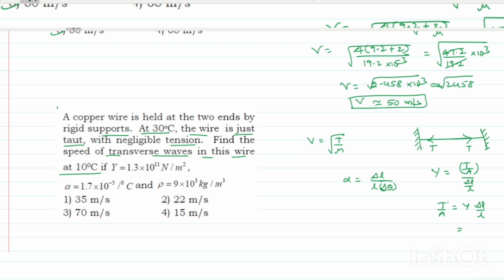Instead of delta L by L, you can write alpha into delta theta. So T by A equals Y into alpha into delta theta.